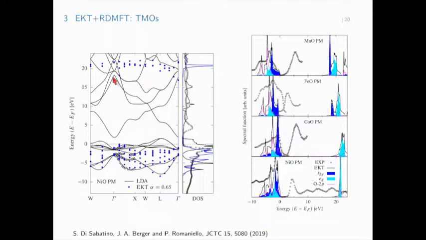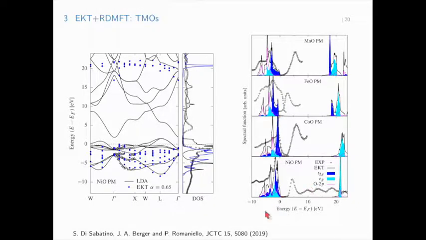Then this figure is just to say that we obtain similar trends also for other transition metal oxides. So you see manganese, iron, cobalt oxide, and again nickel oxide. Here I'm also reporting the composition of the spectral function that we obtain with our method, with respect to transition metal d states and oxygen states.